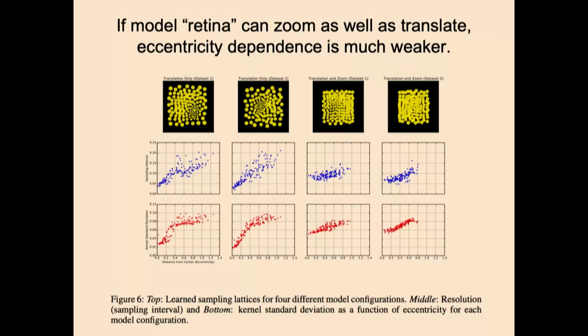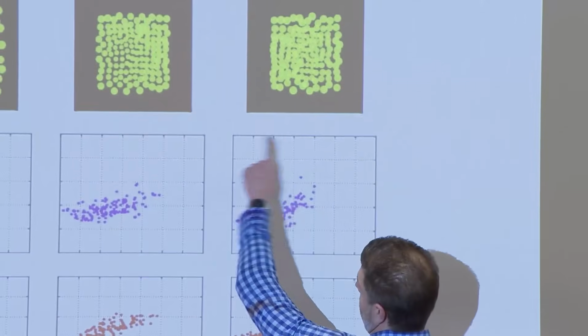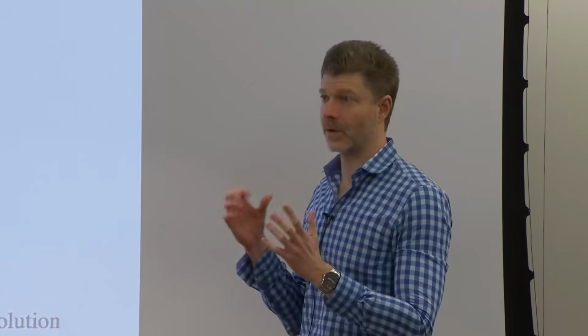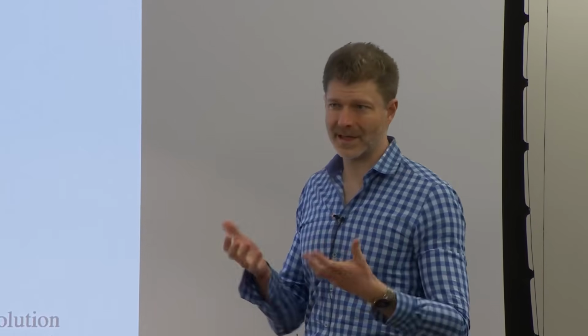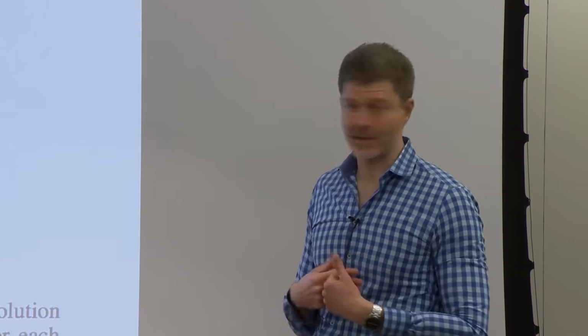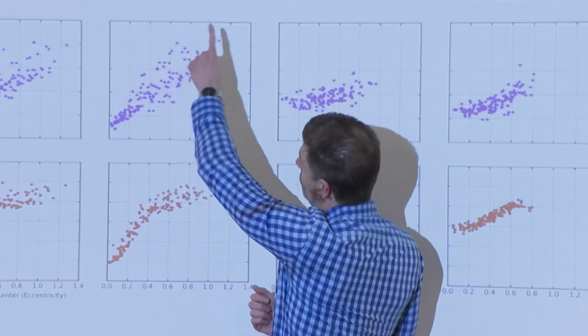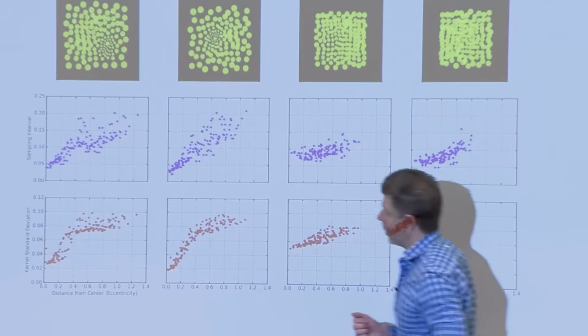And when the system was allowed to zoom, you get a different kind of solution emerging, right? If it can zoom, then it turns out to be better to just have the receptors more or less uniformly spaced. That's like a CCD imaging device like it is in your phone, okay? But when you can translate only, then you end up with these foveal-like organizations.